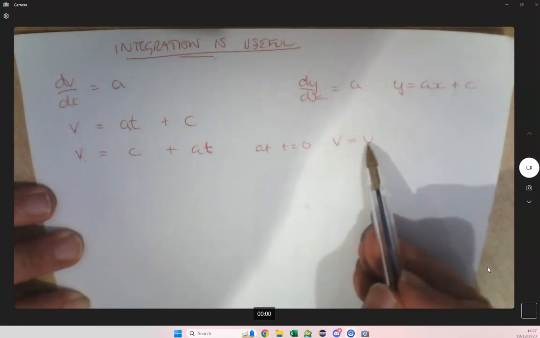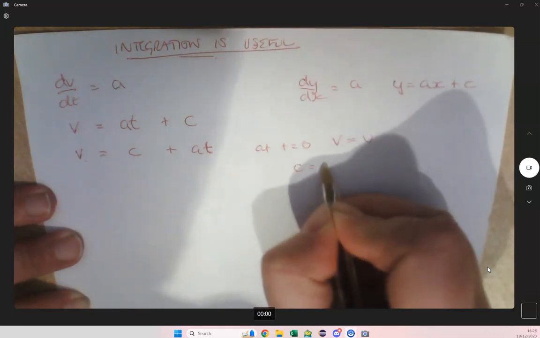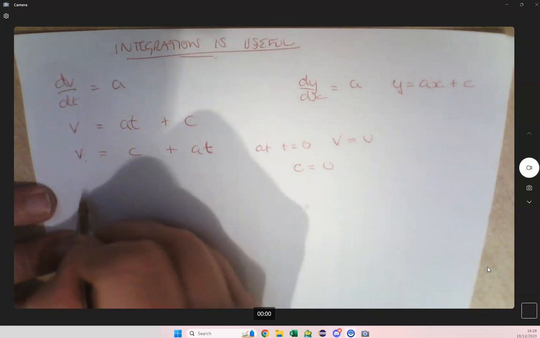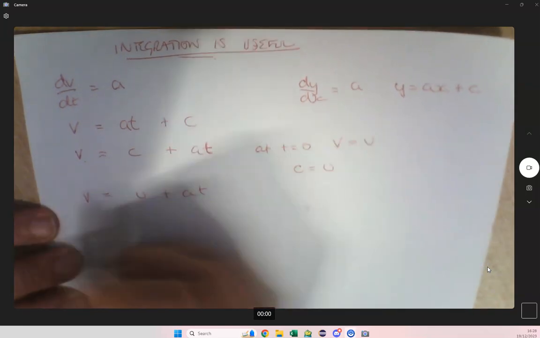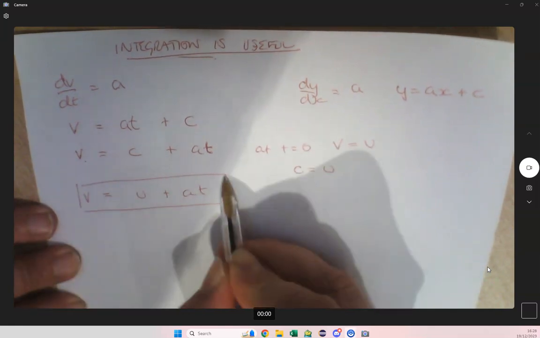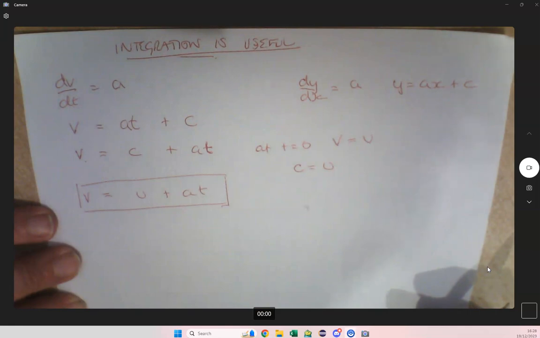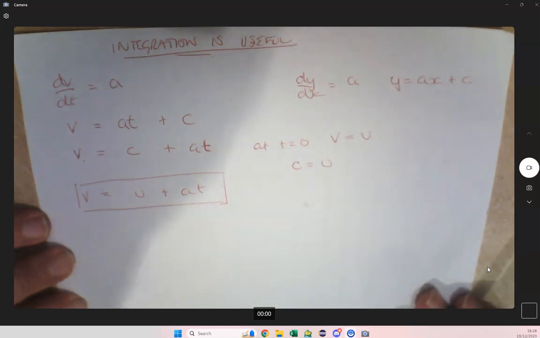So I know that c is equal to u. So what I've actually got is the equation v is equal to u plus at. And I can say that's one of my SUVAT equations, derived straightforwardly from dv by dt equals a, using a bit of integration.